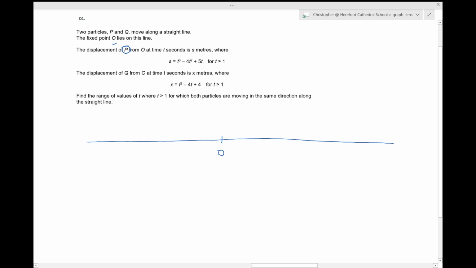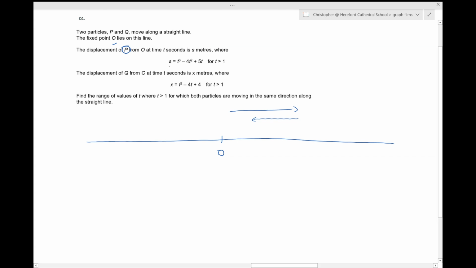It's always a certain distance from O. Now it might be moving away from O, or it might be moving back towards O.